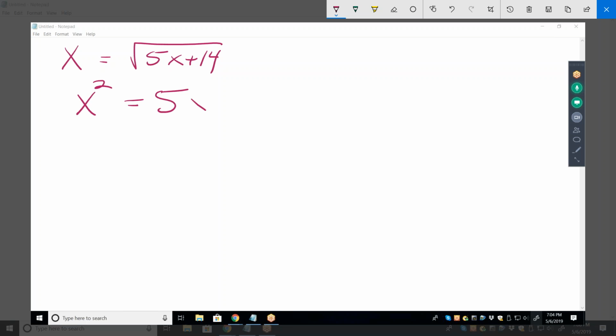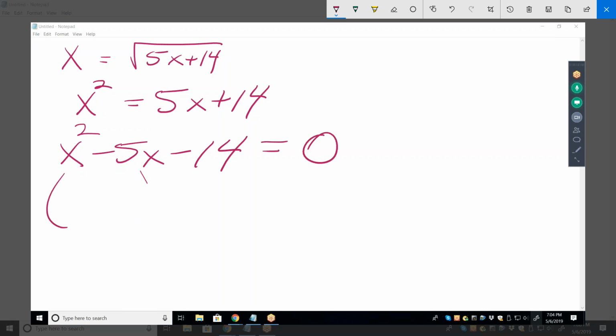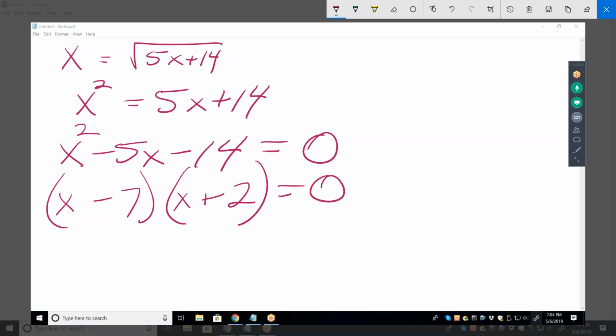Then from there it'd be x squared minus 5x minus 14 equals 0. Then that would be x minus 7, x plus 2. And then x would be equal to 7, negative 2.